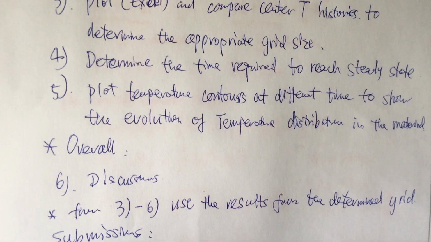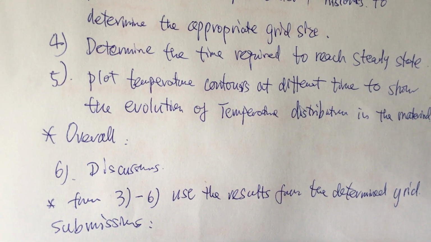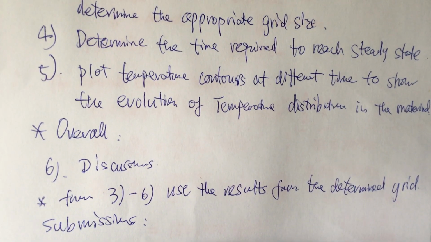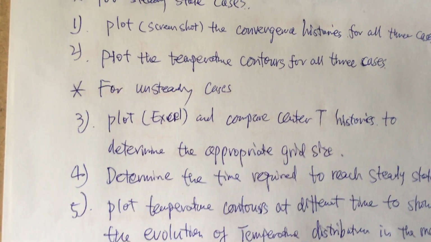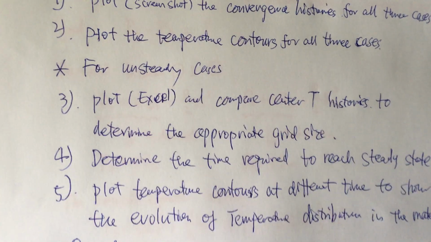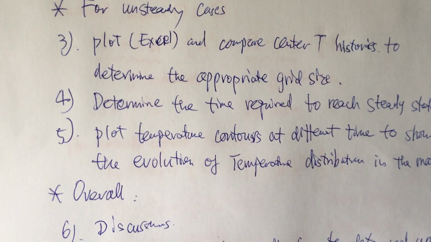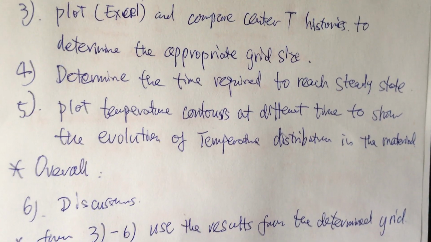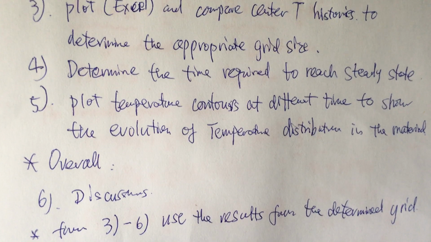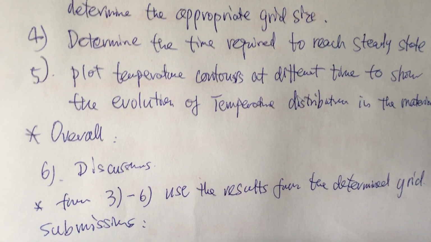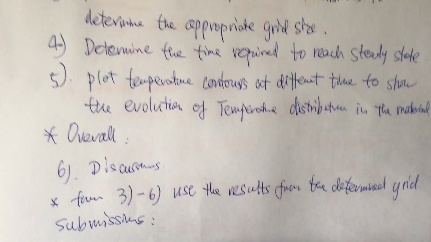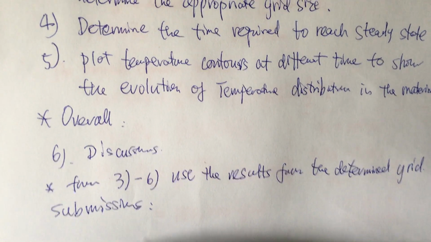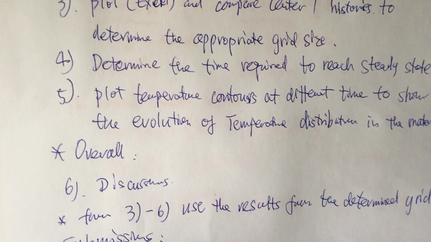From item 3 to 6, you can use the result from determining the grid size. Number 3 is to determine which grid size to use. After that, you use that result to plot the contours and do some discussion of the physics, because that's the best case, right?